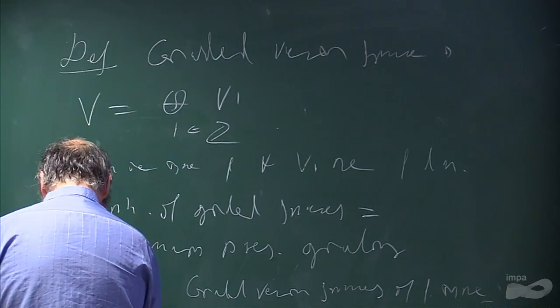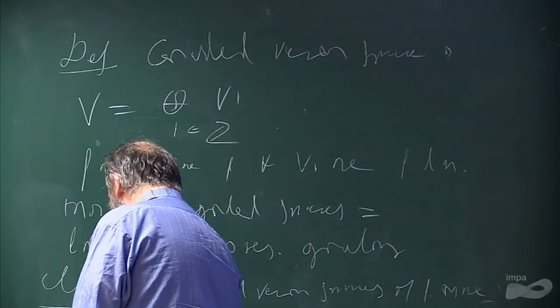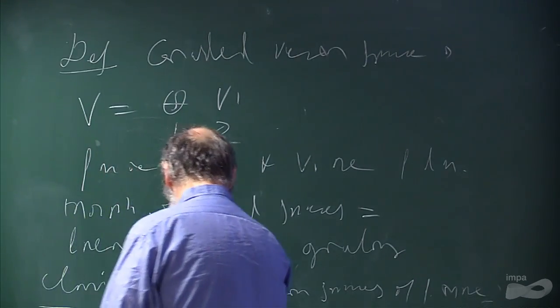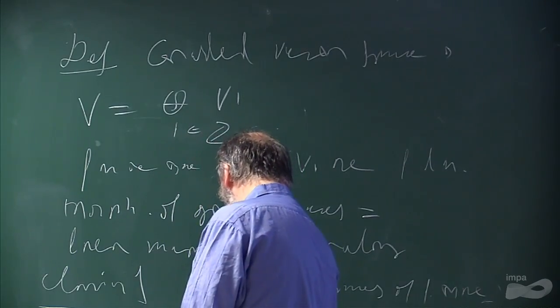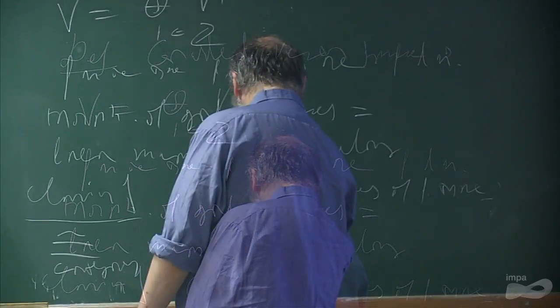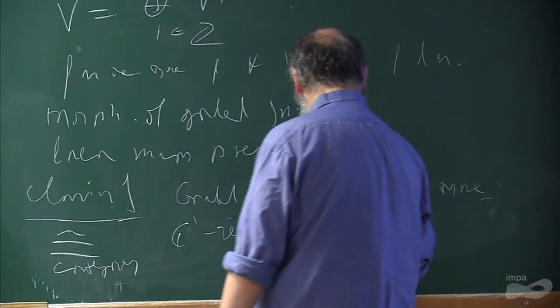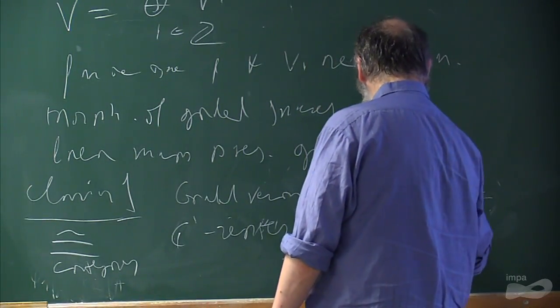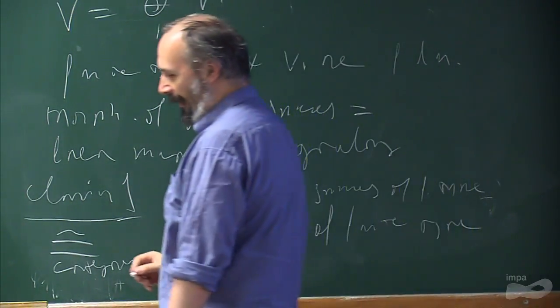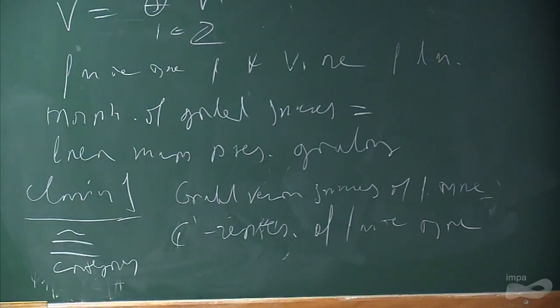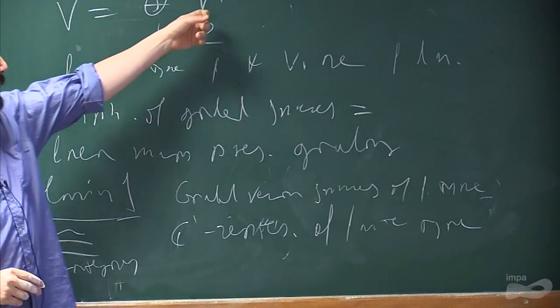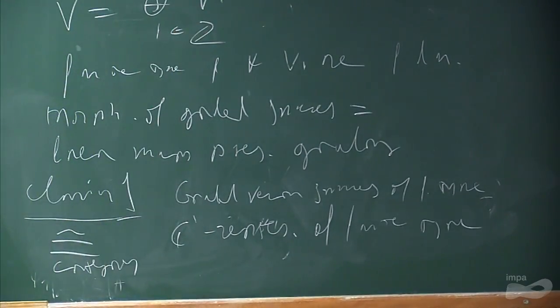So there's an equivalence of categories with C star representations of finite type. Okay, there's essentially nothing to prove here. So if you have a vector space of finite type, good. On each V_i, we shall define the rho action by this formula.